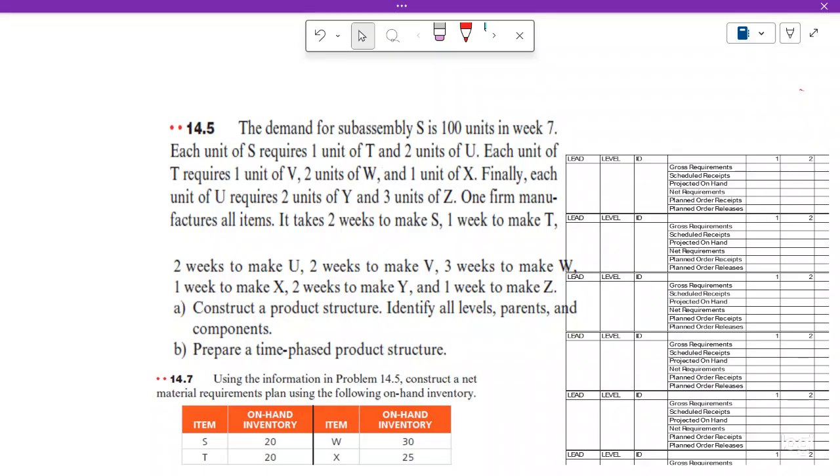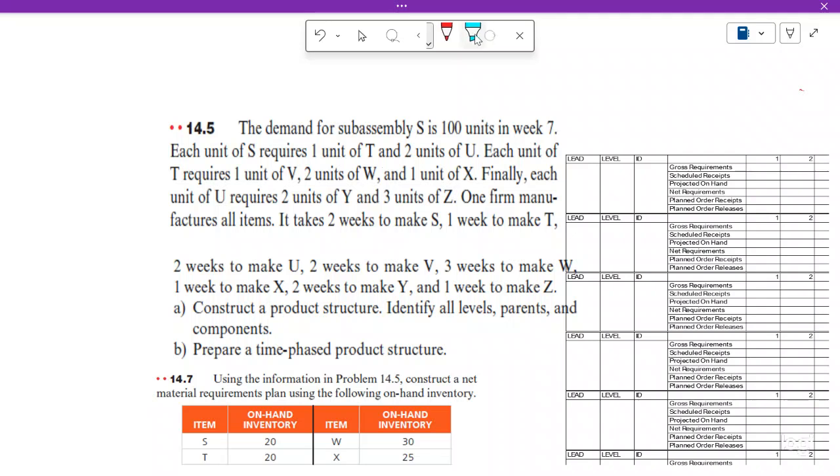After how many weeks? After 7 weeks. So I'm going to highlight that for you.